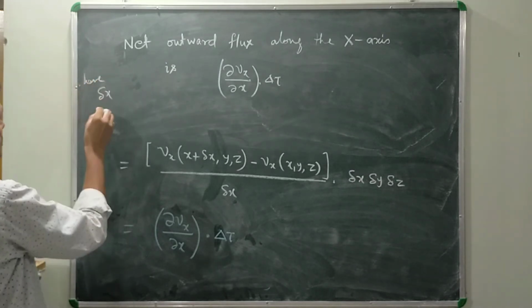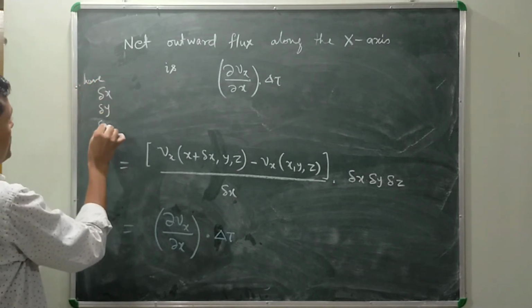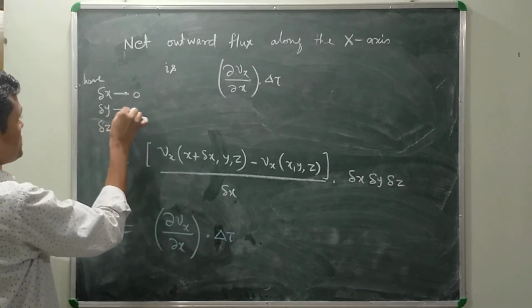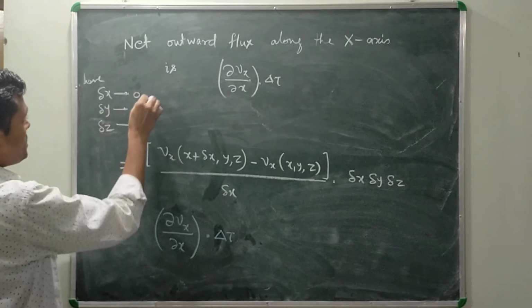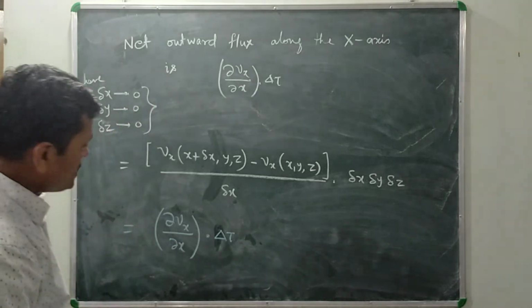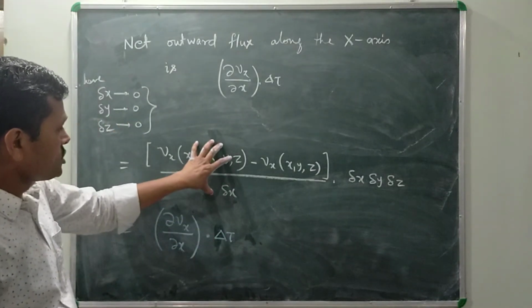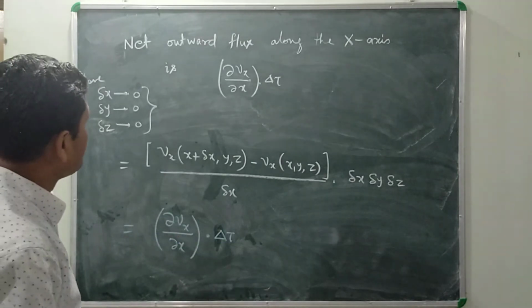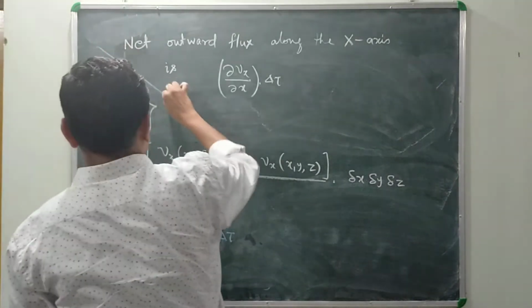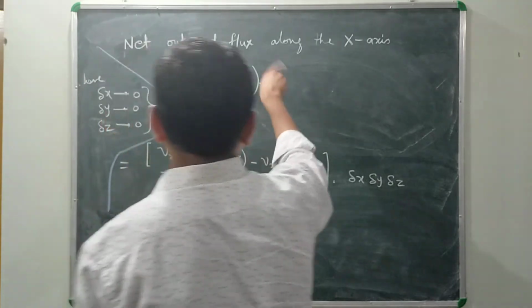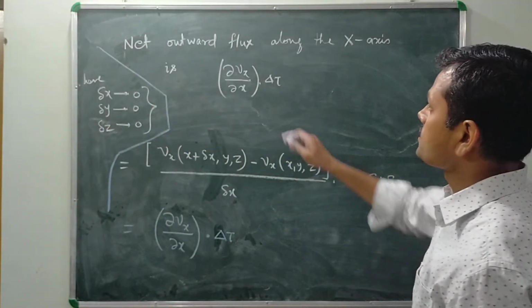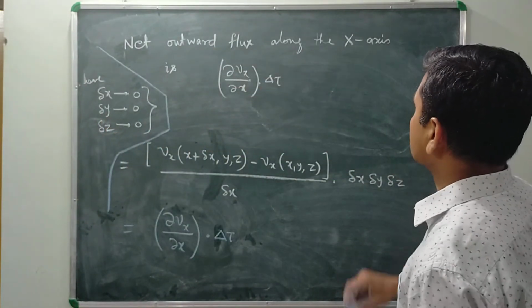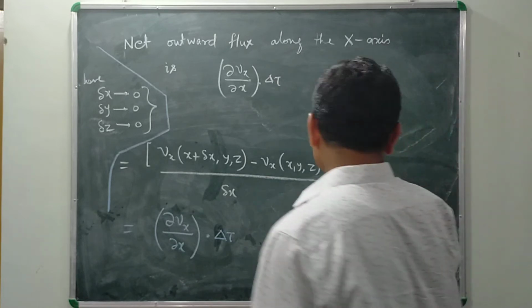Here we have assumed that these three lengths are tending to 0. That's why this ratio is the partial derivative of Vx with respect to x. So it is this expression for the net outward flux along x axis.